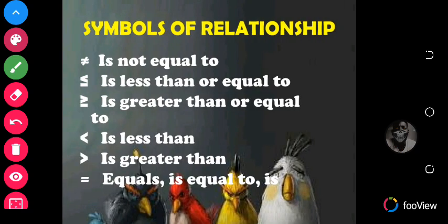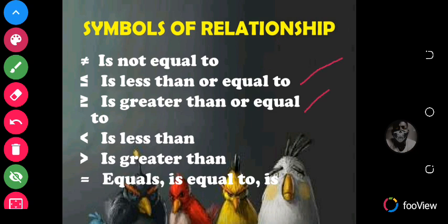Okay. Symbols of relationship. In algebra, you are likely to compare two or more things, and so these are symbols that are used for comparison. For example, when you find an equal to sign that is crossed, it's called not equal to. This is called less than, like we know in maths.